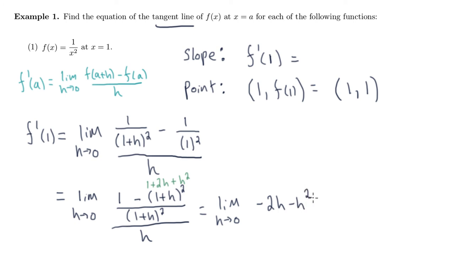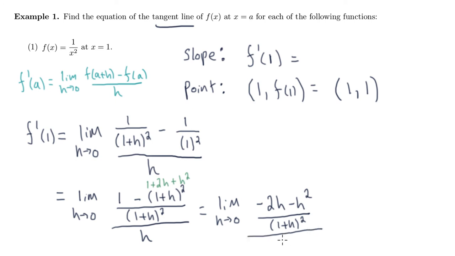So this is a common mistake. The temptation is to say, okay, 1 minus 1 is 0, and then just 2h plus h squared. But you've got to remember that you're subtracting this entire quantity. So really, the negative gets distributed to all of those terms. And then divided by 1 plus h squared.